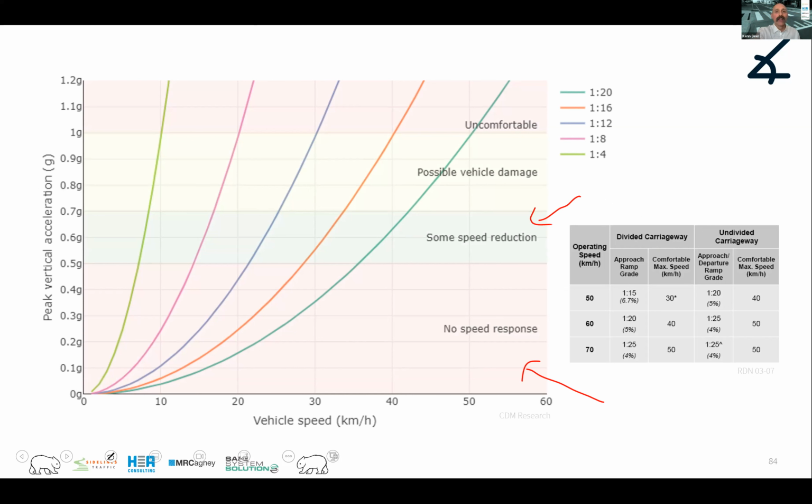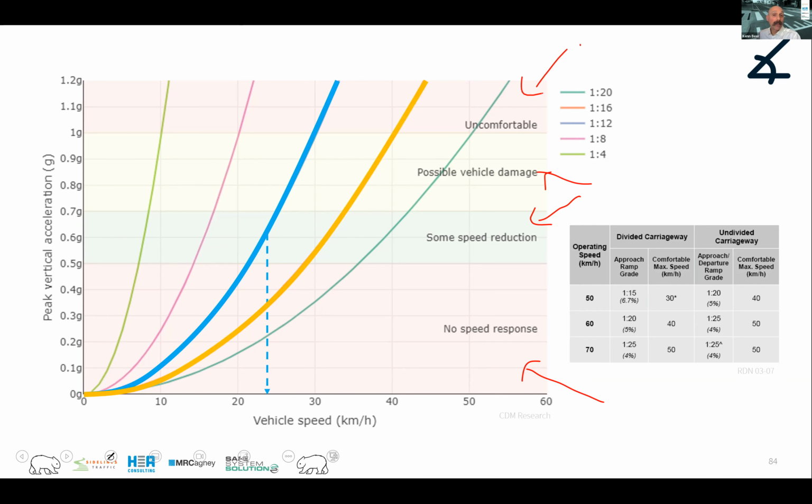You really start to damage your vehicle up there, and it's just really insane if you go over them at this speed. So let's look at that 1 in 12 that we had, the blue line here. What we can expect there is somewhere in the 20-ish area for the speed that vehicles will navigate over it if they don't need to stop and they're just using it like a speeder.